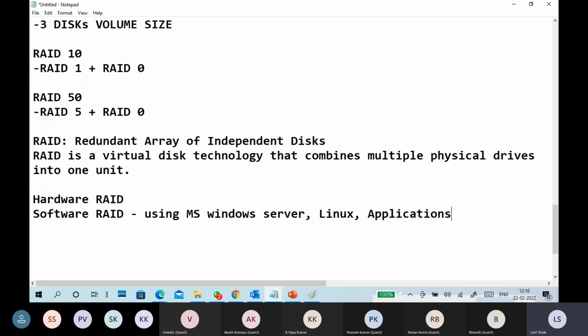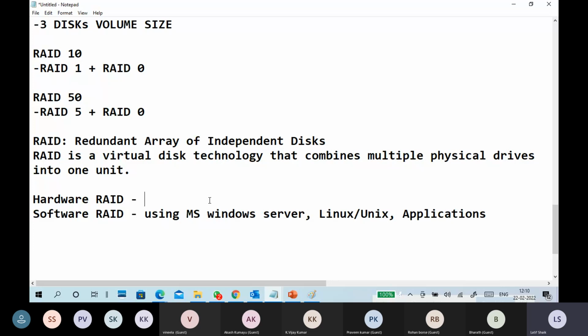So that is called software RAID. If you configure RAID using some applications, that is software RAID. Windows servers we can do it, Linux also, Unix also. So that is called software RAID.